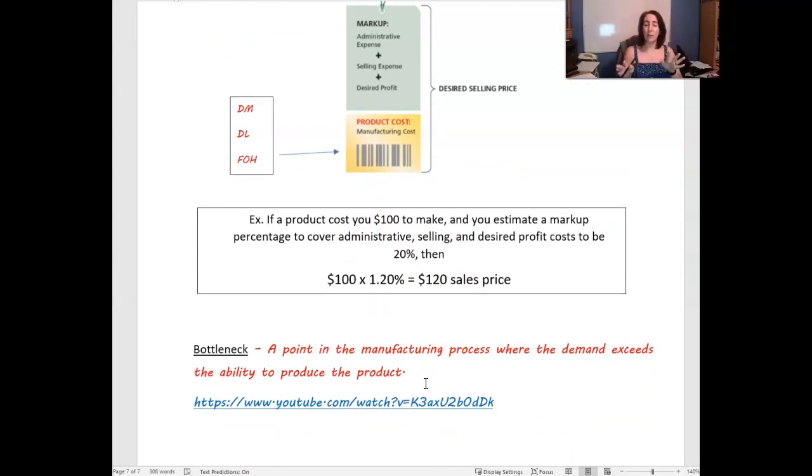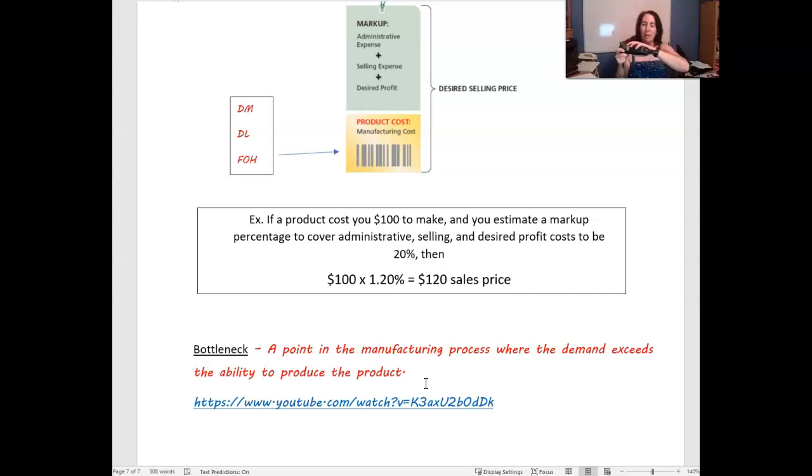Okay, last term I want to cover in this chapter and then we're done. A bottleneck. A bottleneck is a point in the manufacturing process where the demand exceeds the ability to produce the product. And the idea is that it looks like a bottleneck, of which I guess I do have kind of a bottle in here. Hairspray. Okay, the idea is that it comes to a point and then nothing else can make it out, right? I don't even know why this is in here.